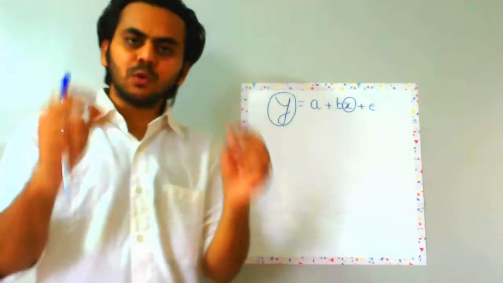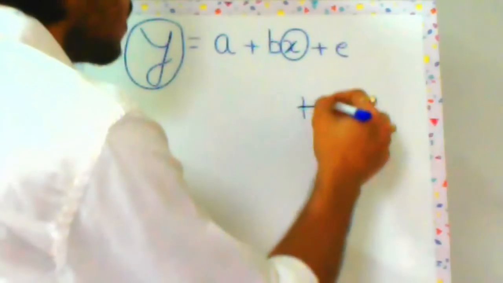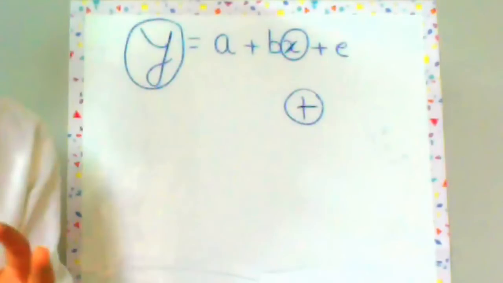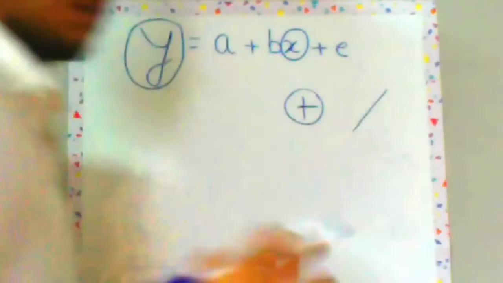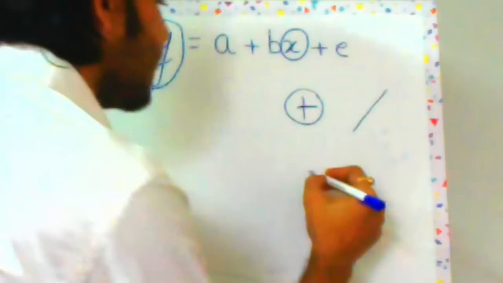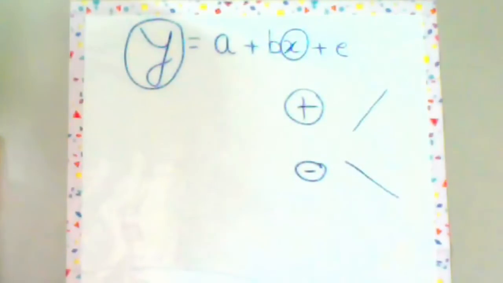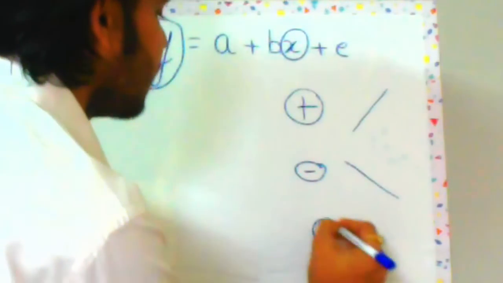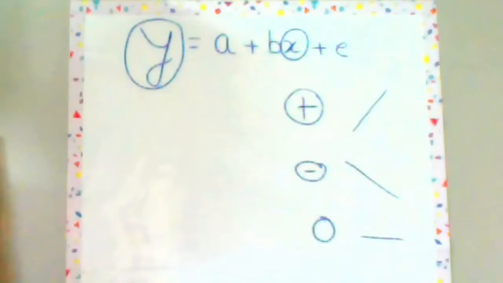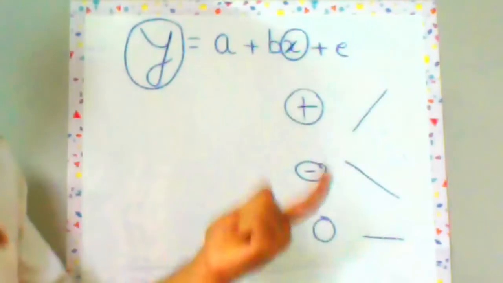So it should report a positive number when there is a positive relation, and it should give you a negative number when there is a negative relation, and it should give you a value of 0 if there is no relation. So how do we construct this kind of a metric?